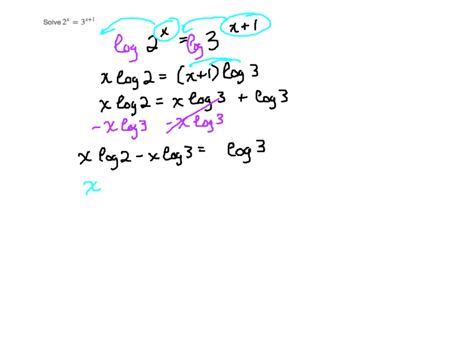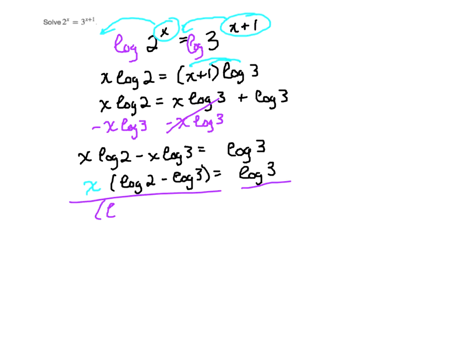Trying to get that variable by itself, I'm left with x times the log of 2 minus the log of 3 equals the log of 3. Divide both sides by log 2 minus log 3. And you're solved for x.